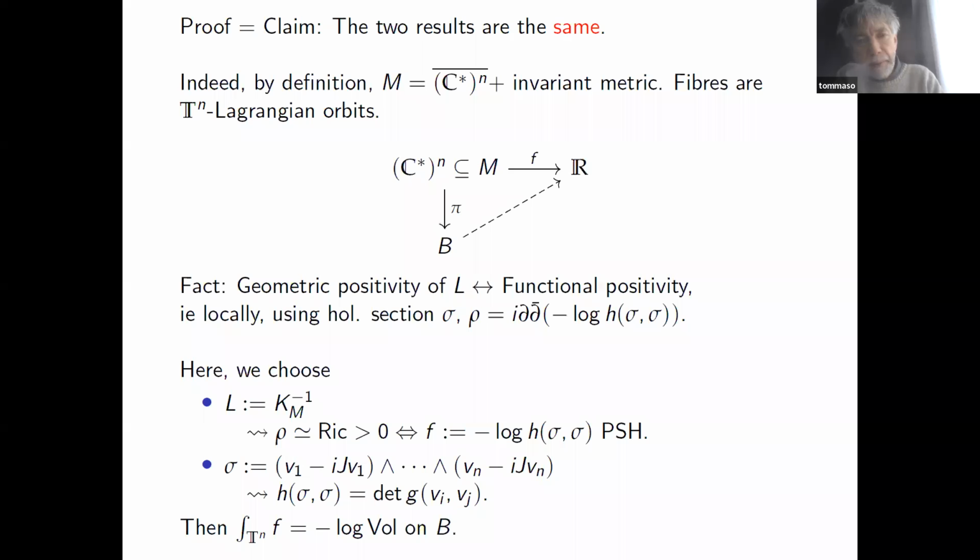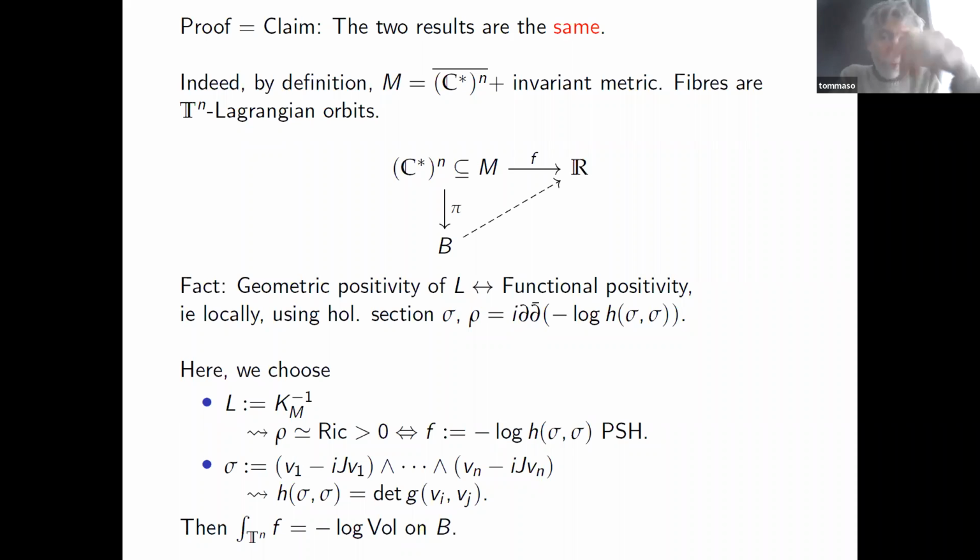We shall think of M as being the closure, the compactification of a complexified Lie group, which is C star to the n. And we shall look at the space of the orbits. The parameter space, if you want, can be viewed as the image of the moment map. And we shall now use this notion of positivity for Kähler manifolds.